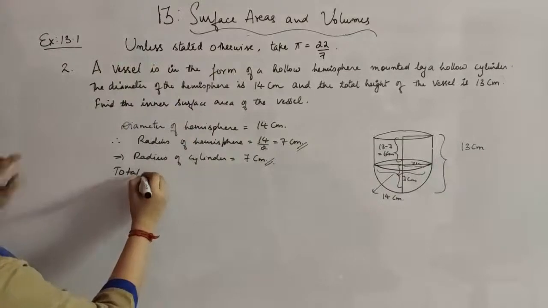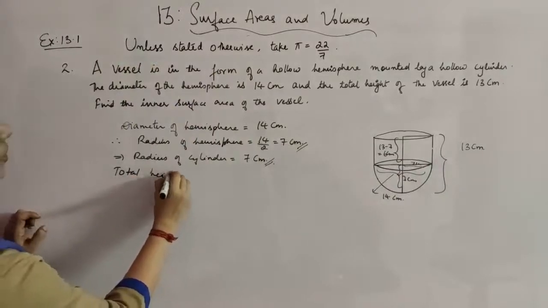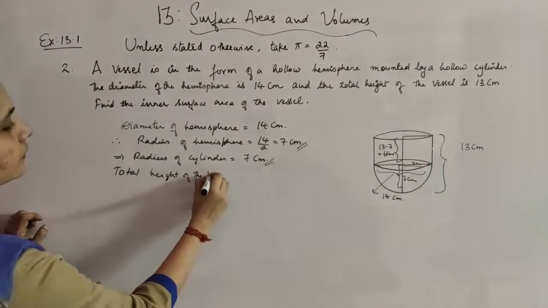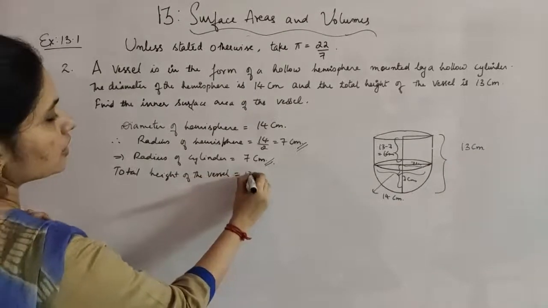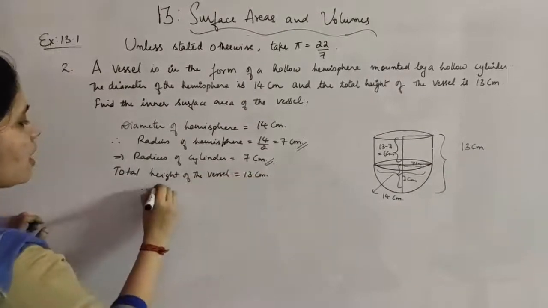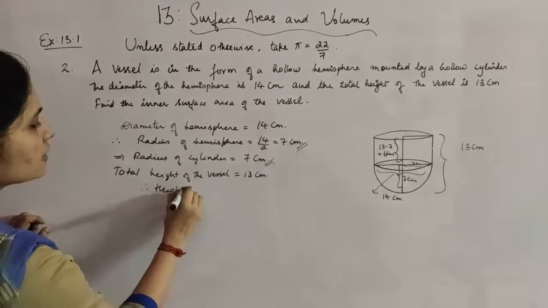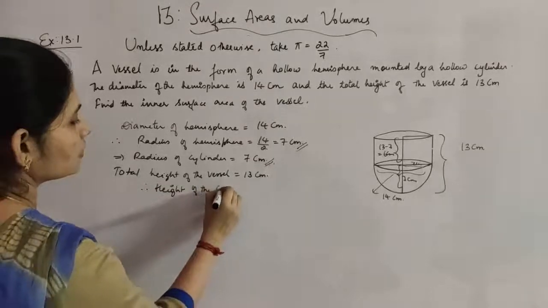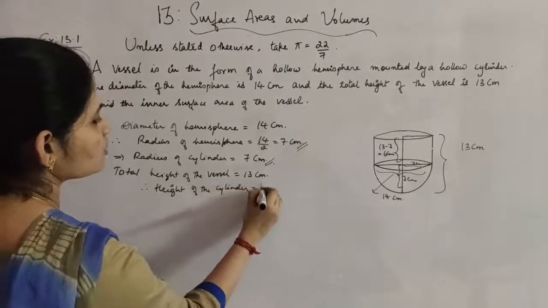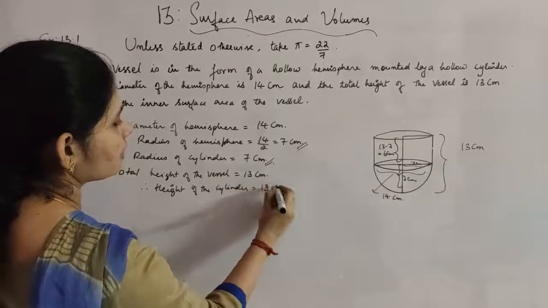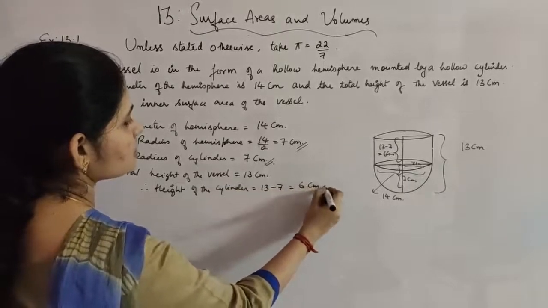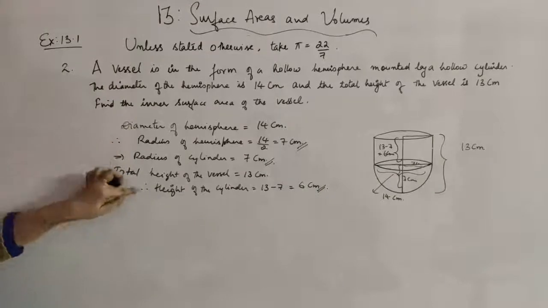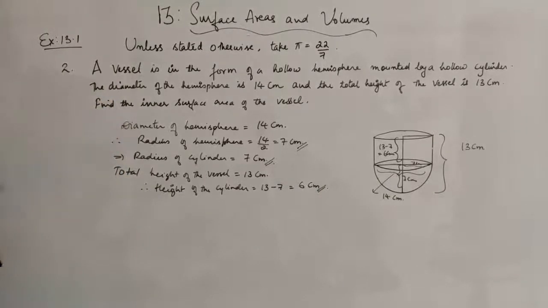Okay, so total height of the vessel is given to be 13 centimeter. Therefore height of the cylinder is equal to 13 minus 7, which is equal to 6 centimeters. So this much is enough for us to find out the surface area of the vessel.